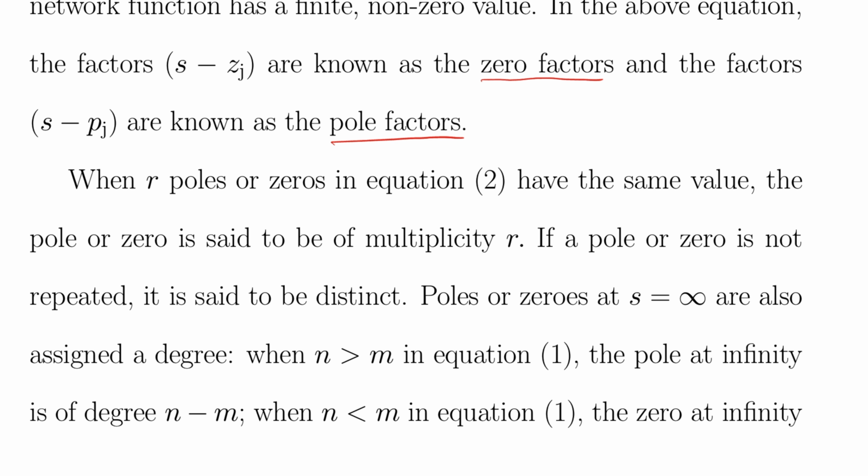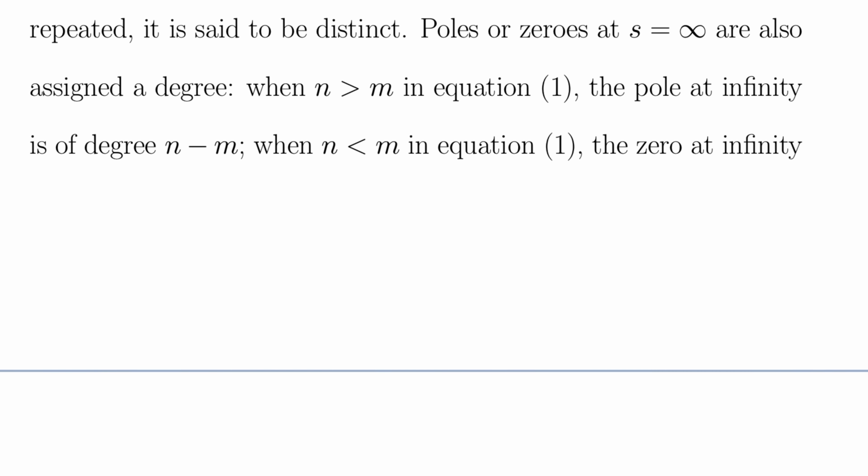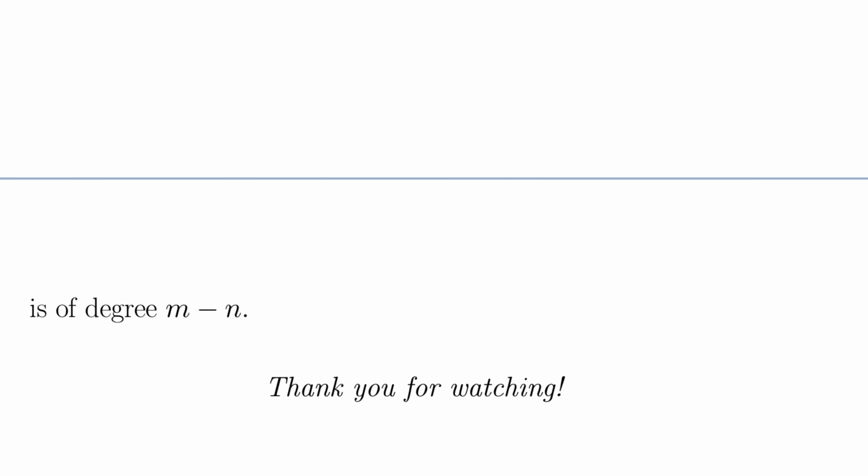If a pole or zero is not repeated, it is said to be distinct. Poles or zeros at s equal to infinity are also assigned a degree. When n is greater than m in equation 1, the pole at infinity is of degree n minus m. When n is less than m, the zero at infinity is of degree m minus n.